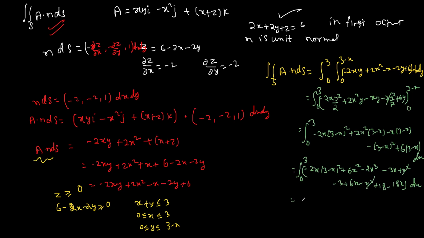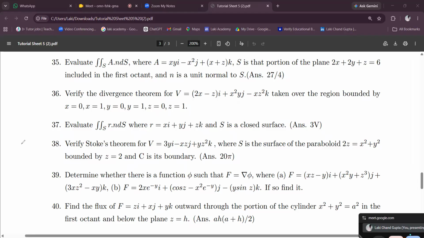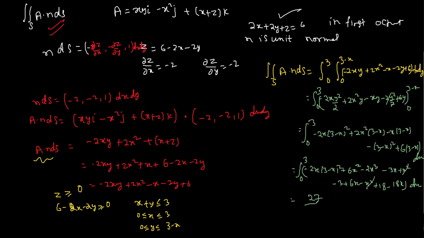So when you do the integration, only the integration is the main part. So the answer is 27 by 4. When you do the integration, you will get 27 by 4. You can go through this once.